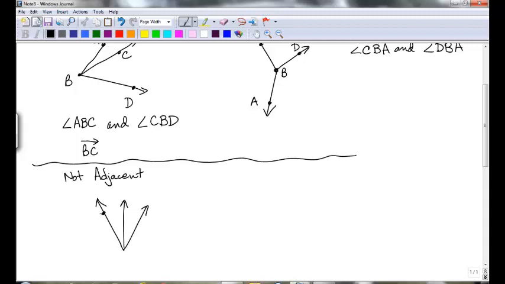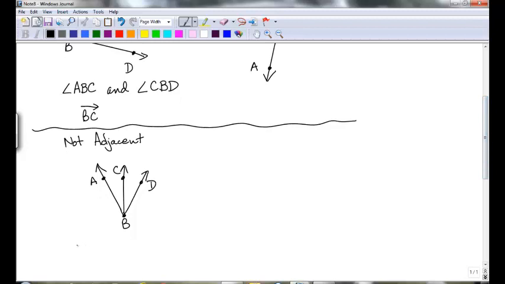Label this point A, point C, label this point D, and the vertex is B. So angle ABC and angle ABD.